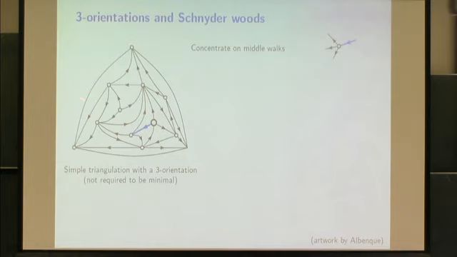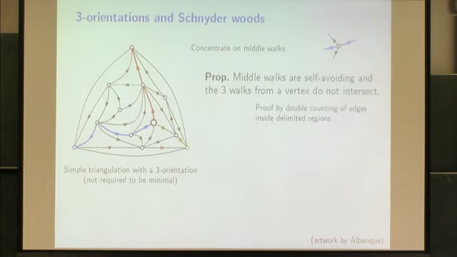Okay. So when I do that, it turns out that I cannot create loops. If I do it on the example, I have one path that goes to this angle, one that goes there, and one that goes there. And in fact, this is not casual.